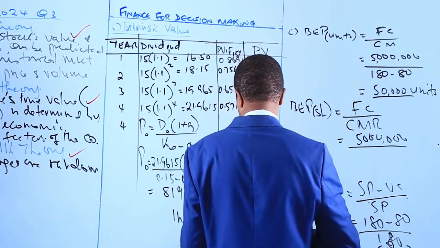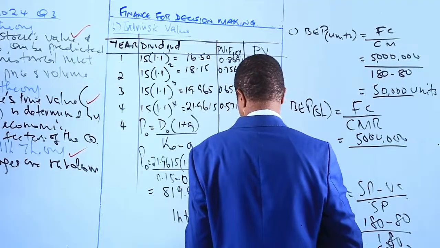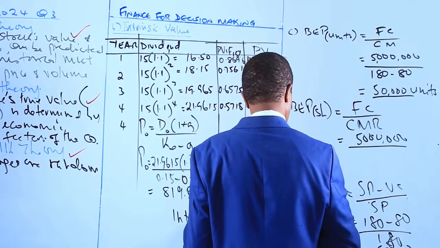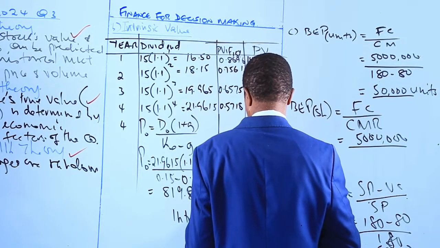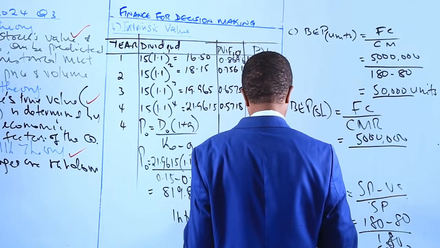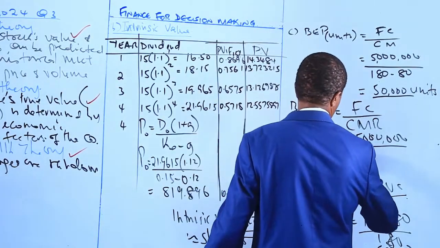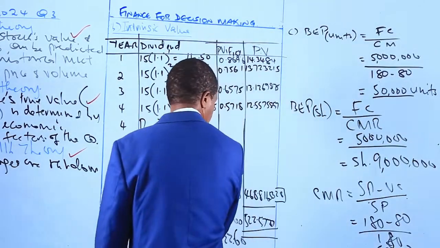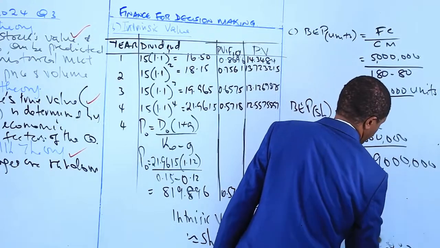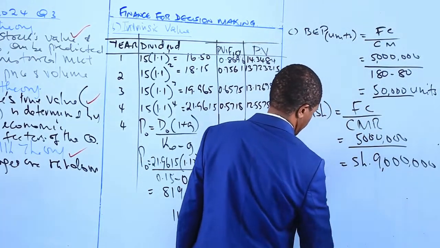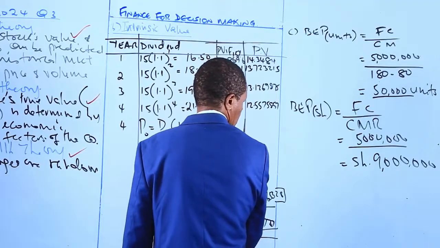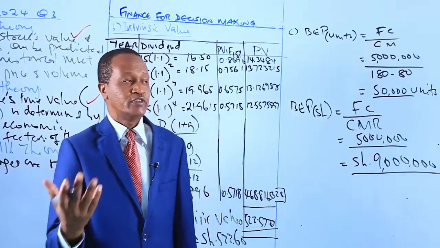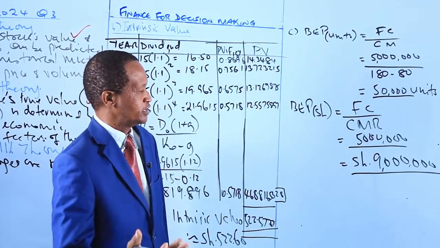So I'm going to divide the 5 million by that ratio, 0.55555. Roughly I'm getting 9 million. When I round off in shillings, this would be 9 million. That is, I mean, the break-even point in shillings. The break-even point in shillings is equal to 9 million shillings. So that is how candidates should calculate the break-even point in shillings and in units.